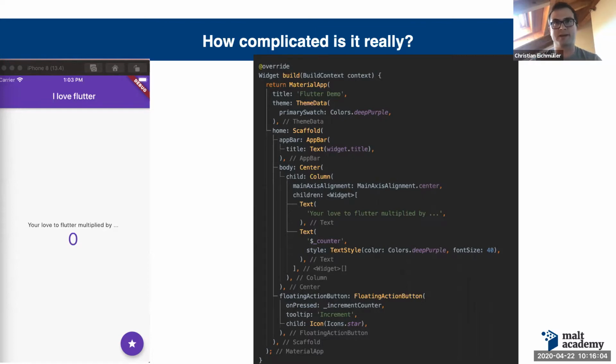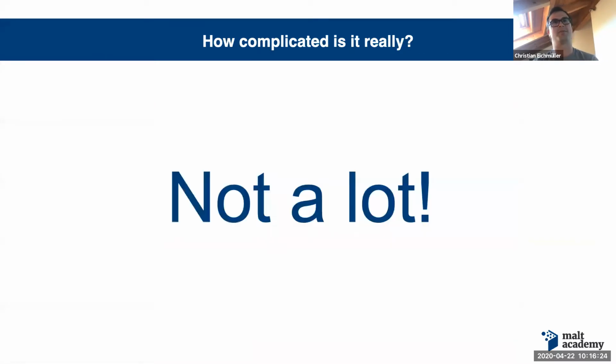For example, like here, the scaffold has an app bar, a text is in the app bar, and the app bar is within the scaffold. They are all put on top of each other. All right, so I hope this is not too confusing for you. If it is, write it down. I will try to explain it to you a little bit more in detail later. But let's keep moving on.